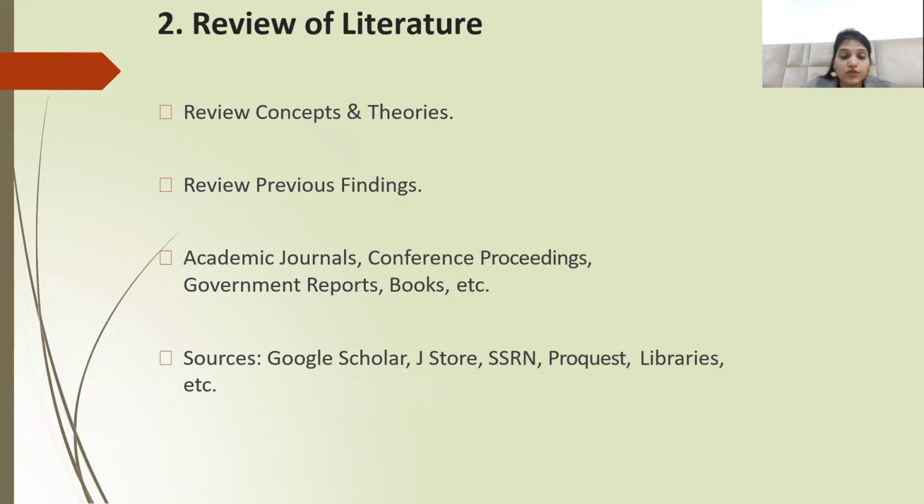To do the review of literature, you can refer to academic journals, conference proceedings, government reports, books. The popular sources are Google Scholar, JSTOR, SSRN, ProQuest, libraries, Shodh Ganga. You can go there. Many of the sources are paid, so your institution can take the access of them, and through your institution, you can access these sources.